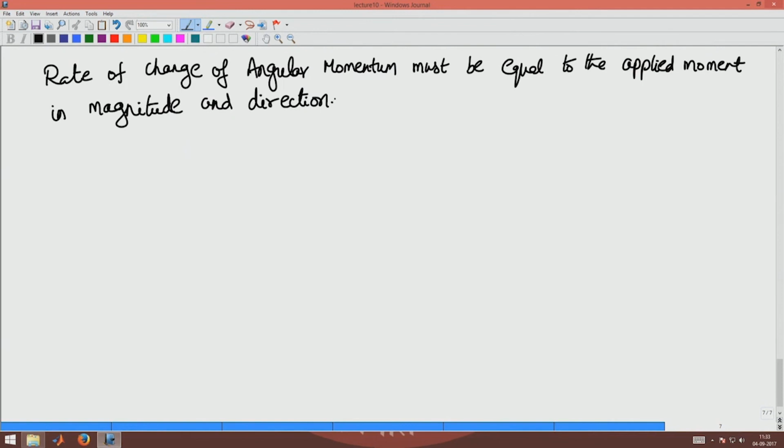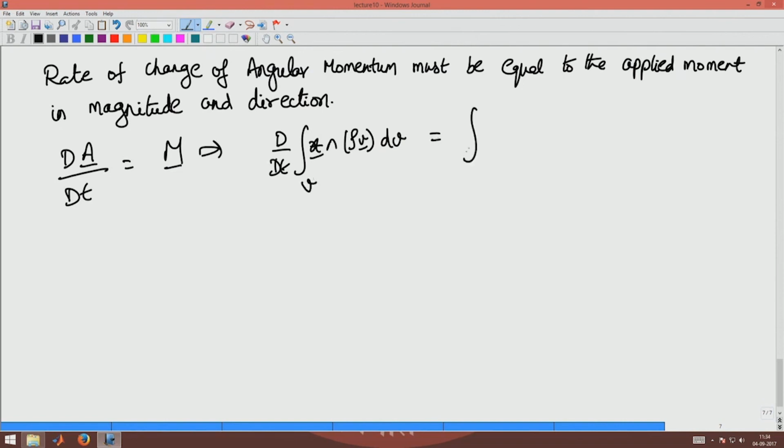What does this state? dA by dt must be equal to M. This will imply d by dt of the integral of x cross rho v dV, integrated over the volume, must be equal to the integral of x cross t of n dA plus the integral of x cross rho b dV.